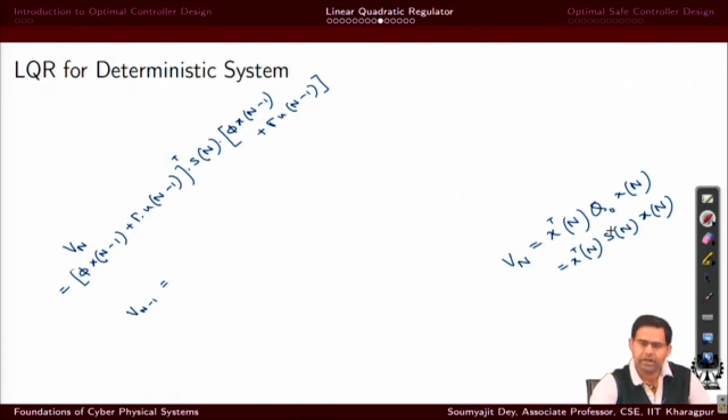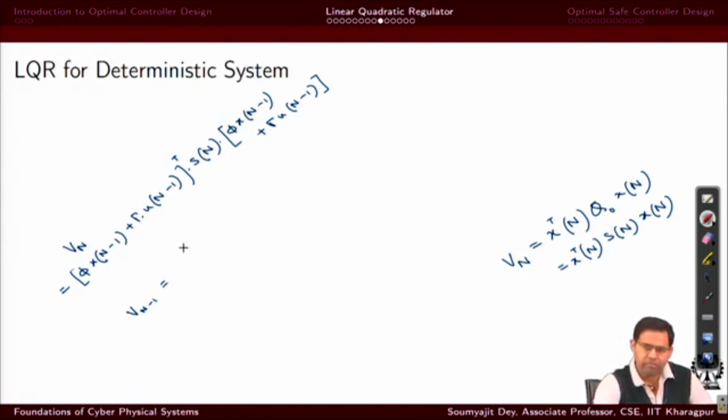There is nothing as part of the summation part of the original j, but now when I talk about V n minus 1, it will at least have the last part of the summation, right, with the n minus 1th step followed by this expression of V n, that is the last step's value, right.